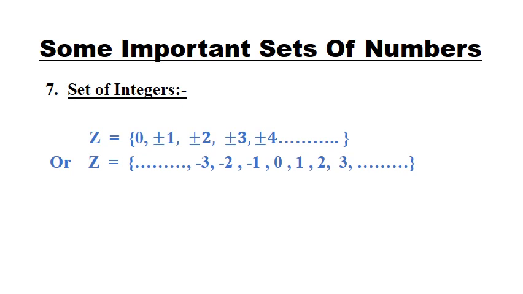And it also has all the negative numbers, that means it will have -1, -2, -3, -4 and so on. So it is basically a combination of positive numbers, negative numbers and a 0. You can write the set of integers in 2 different ways, as you can see in the slide.